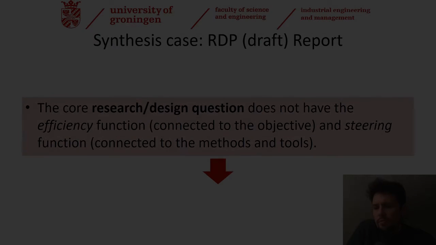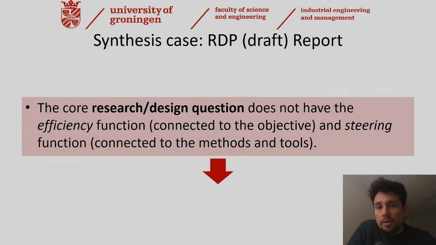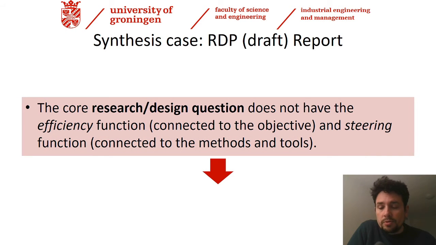Another point for improvement is the presentation of your core questions. Whether this core question has the steering function, meaning that you are already addressing potential methods and tools, or whether it has the efficiency function, meaning that the question has elements of the objective.